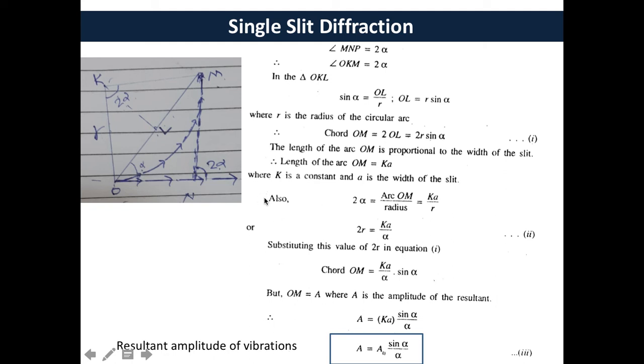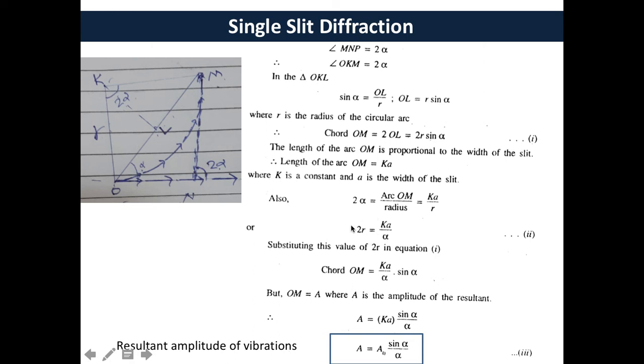Now 2 alpha can be written as arc OM divided by radius. Arc OM is equal to Ka and radius R. So 2R is equal to Ka divided by alpha.